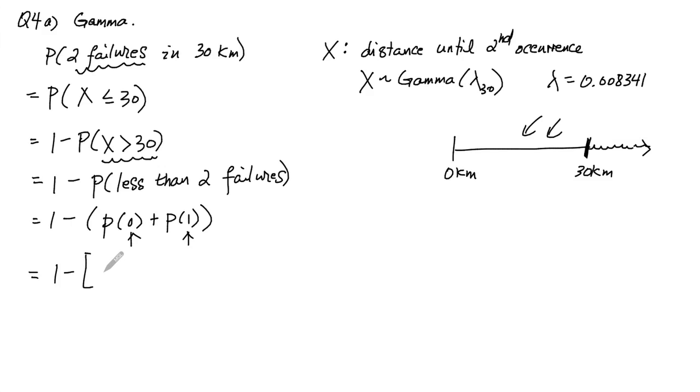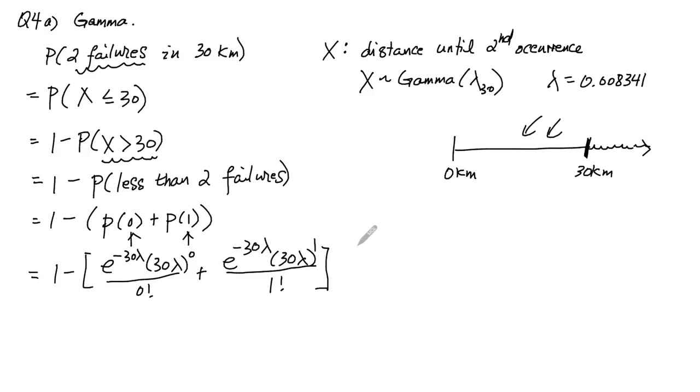Let me write that as an equation here: e to the minus 30 lambda times 30 lambda to the power of 0 divided by 0 factorial, plus e to the minus 30 lambda times 30 lambda to the power of 1 divided by 1 factorial. Sub in the lambda that we have here into all of these lambdas. And solving for this, I trust that you all know how to solve this.